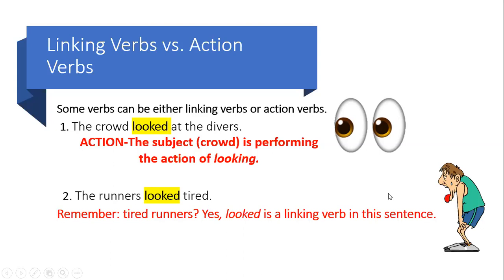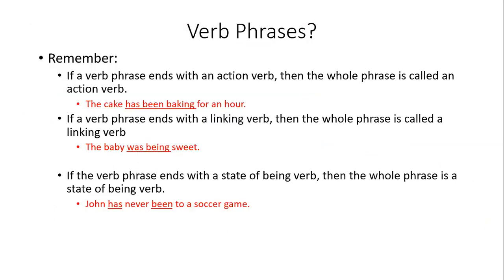They look tired. They're not performing anything. They just look tired, okay? So tired describes runners. And because tired describes runners, this is a predicate adjective, okay? And looked, again in this sentence, is acting as a linking verb.